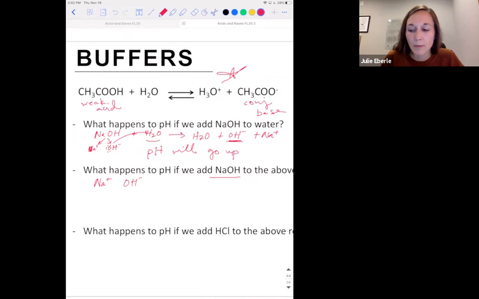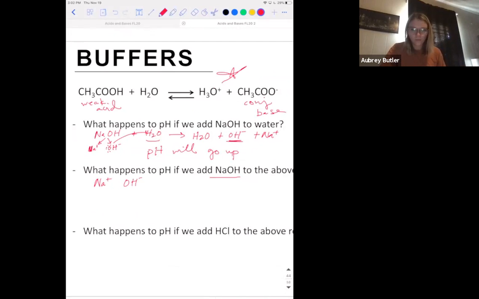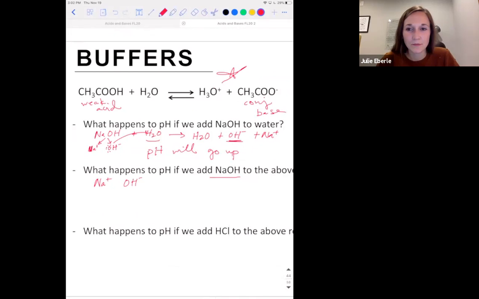What's going to happen? What portion of this reaction up top with the star by it is going to react? H3O. H3O, any other thoughts?